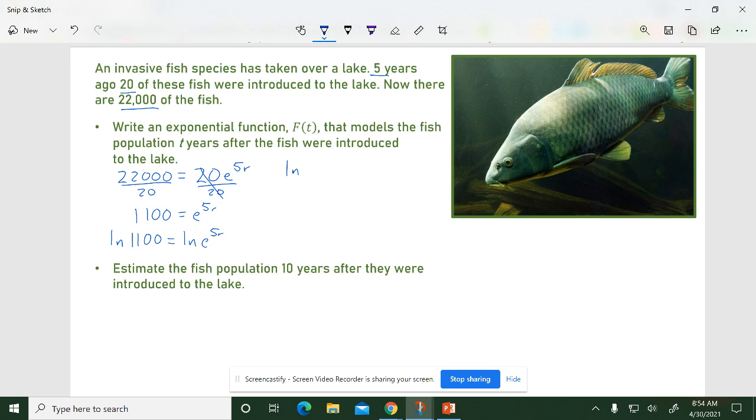So we've got natural log of 1,100 equals 5r times the natural log of e. And again, natural log of e is just 1. So that cancels out of our equation. And so now we have natural log of 1,100 equals 5r. All we need to do to get r is divide both sides by 5. When you do that, you end up with 1.4 is equal to r.